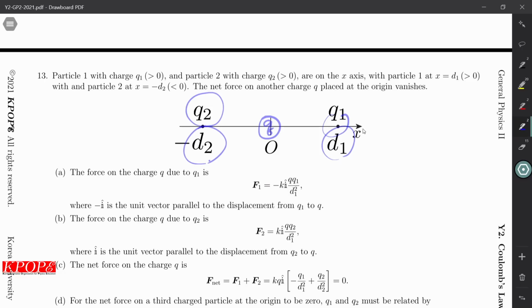The force on charge Q due to Q1. The relative direction from Q1 to this particle is in this direction. If they are both positive, the force must be repulsive.